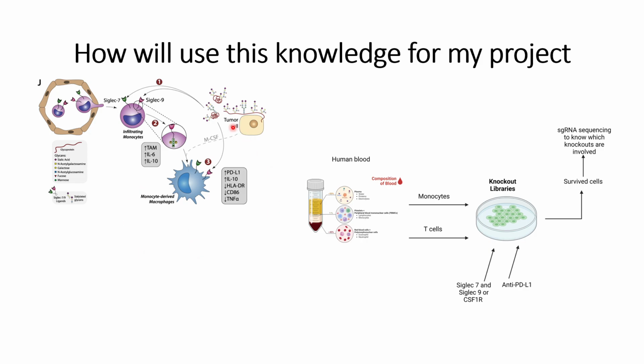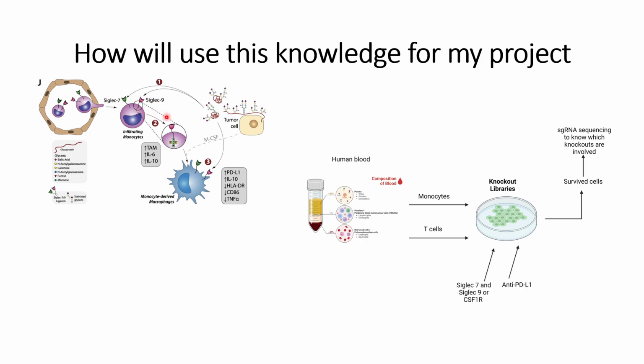In one of our videos I talked about monocytes infiltrating at the tumor sites and differentiating themselves into M2 macrophages. This can be inhibited by using anti-Siglec-7 and Siglec-9 receptors.